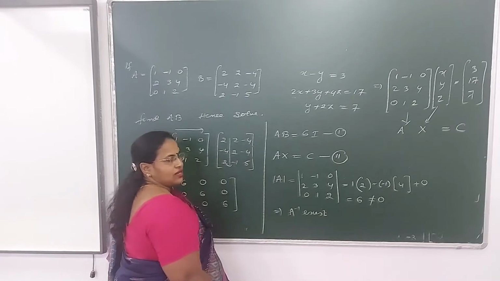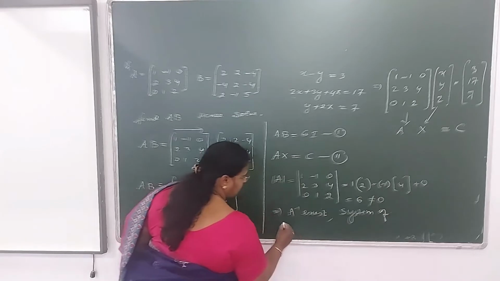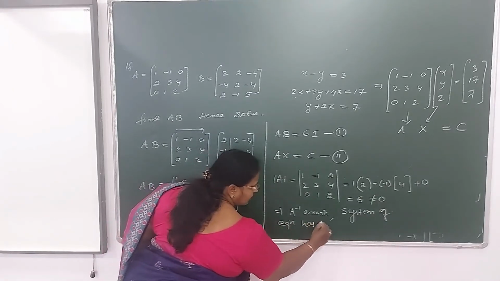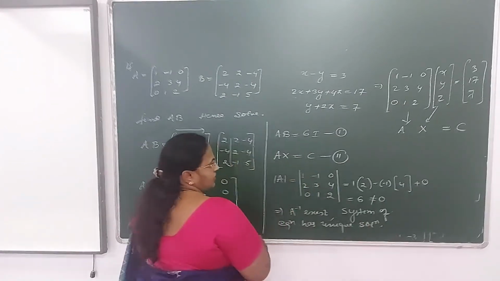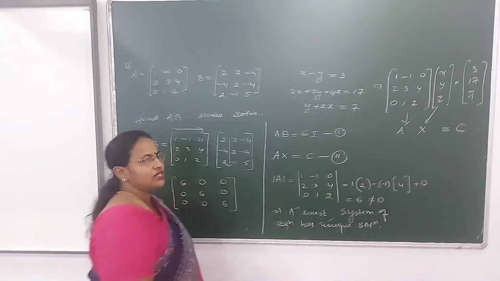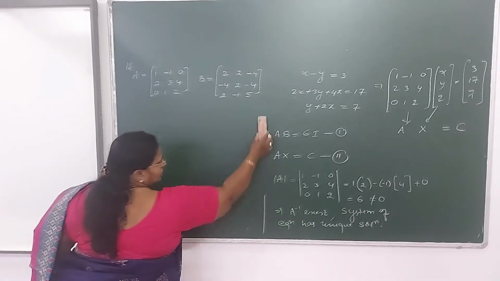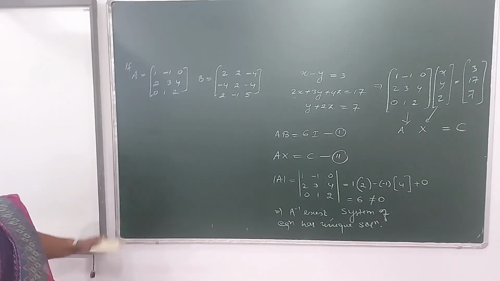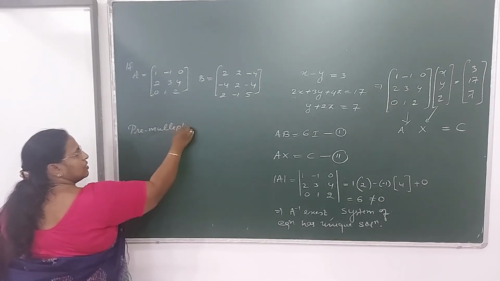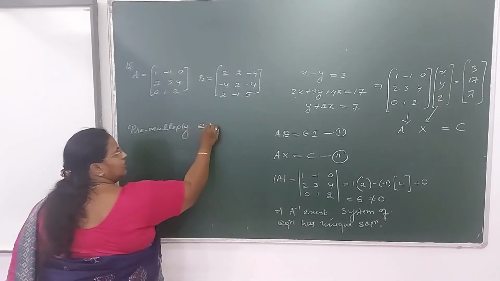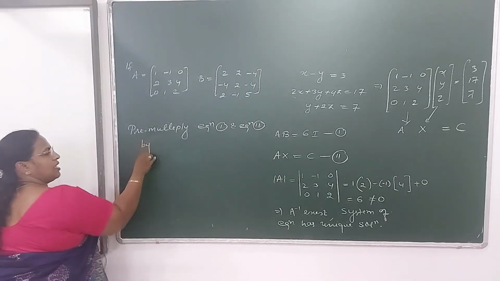A inverse exists. Moreover, the system of equations has a unique solution. So now we'll be using this A inverse here. As A inverse exists, pre-multiplying equation 1 as well as equation 2 by A inverse.